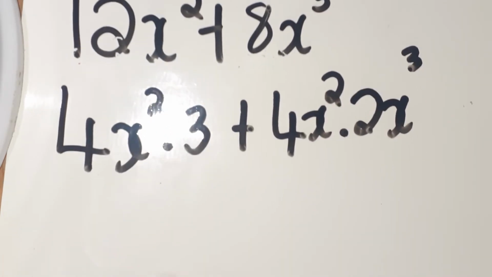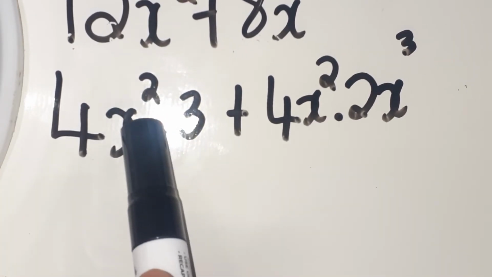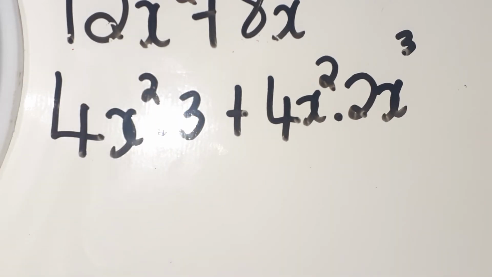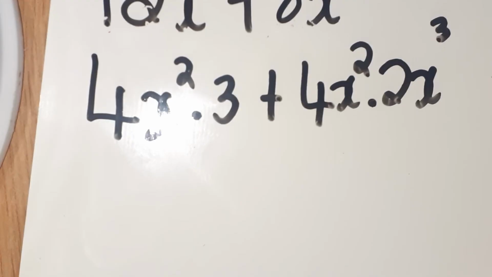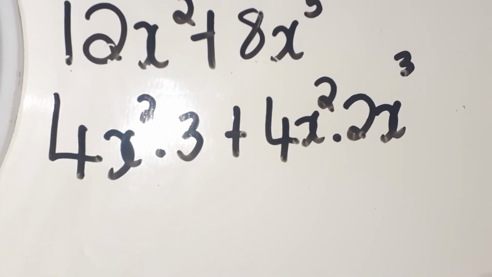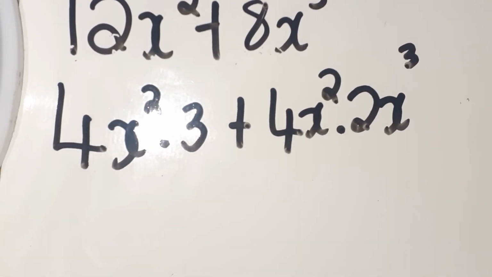So when you're factorizing, try to find the common factors to be exactly the same, even when you include those variables, which are letters. So here we're able to find 4 as a common factor, right?